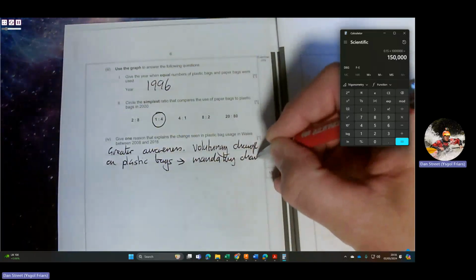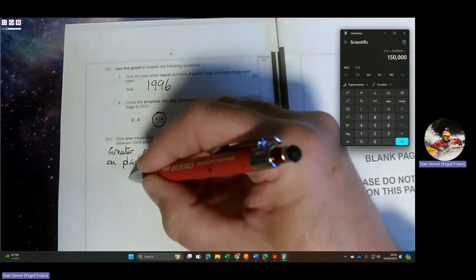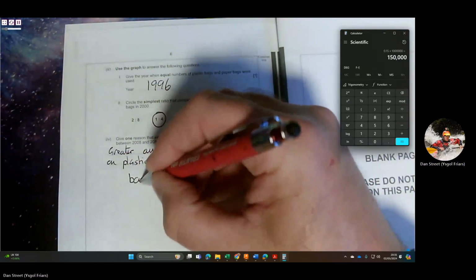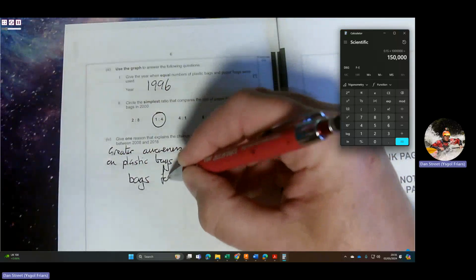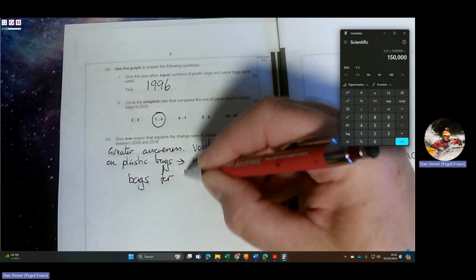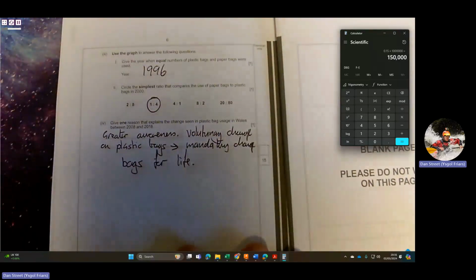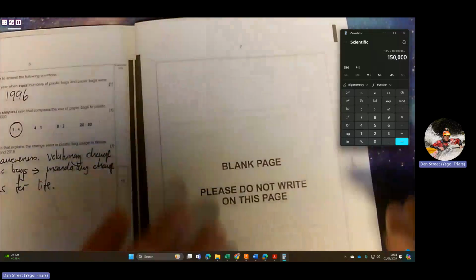The government introduced a mandatory charge of 5p on every plastic bag, and then of course there was the existence of bags for life, which have possibly rightly become quite popular, so that you can reuse your bags rather than taking the bags home and throwing them out, which definitely used to happen back in the 80s.